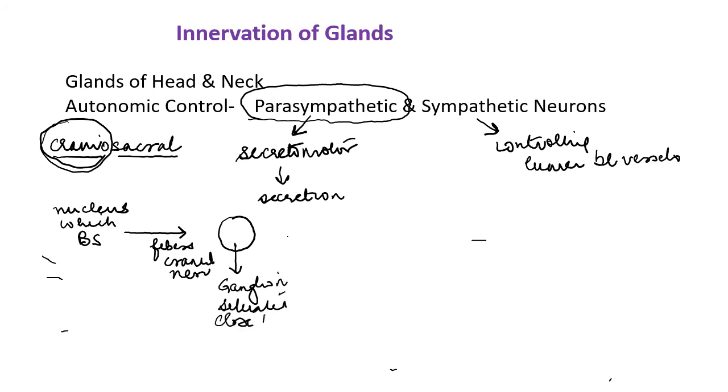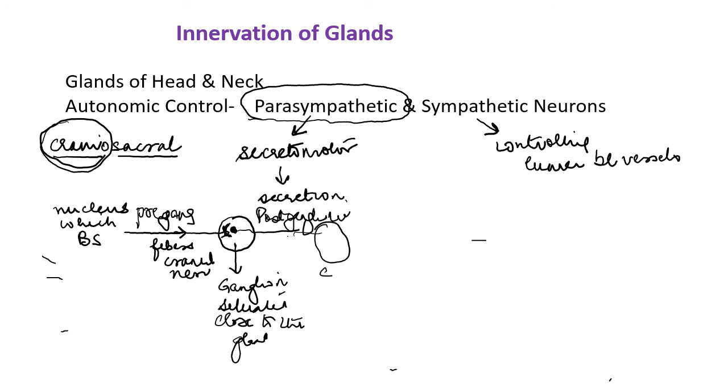So these are the preganglionic fibers which are going to come from the brainstem via the cranial nerves to this particular ganglia. These fibers are going to synapse, and from there will arise the postganglionic fibers. These postganglionic fibers are going to innervate the gland and bring about the gland to secrete its secretions.